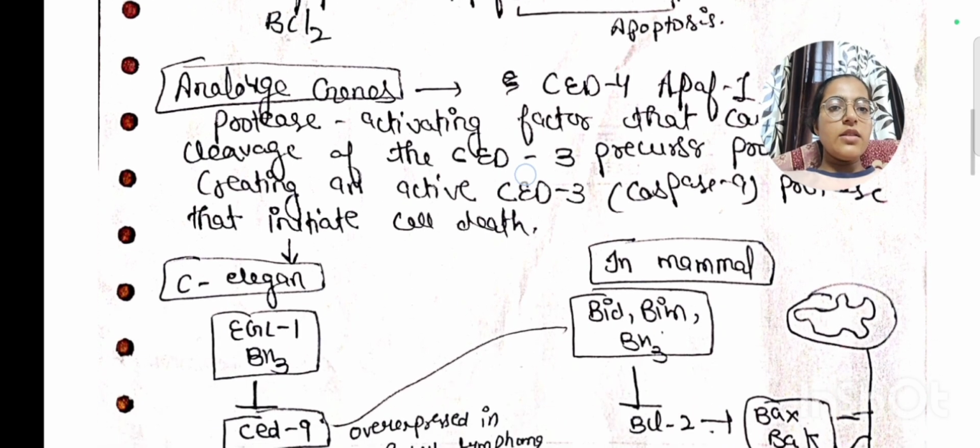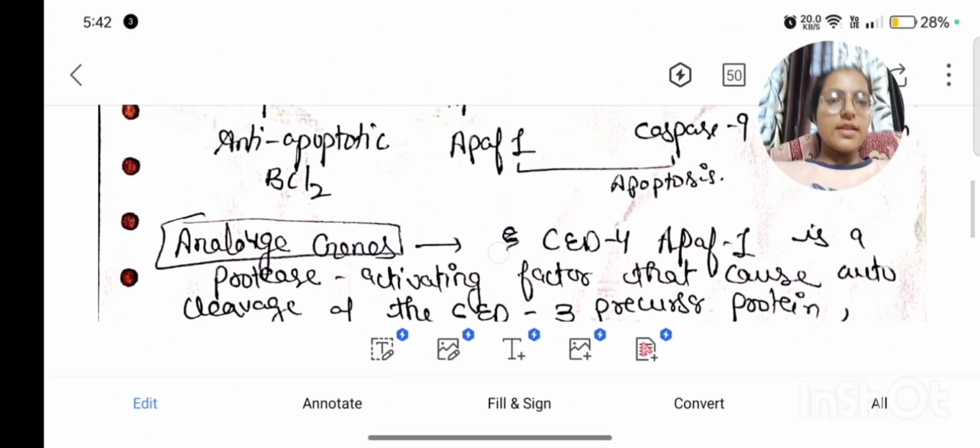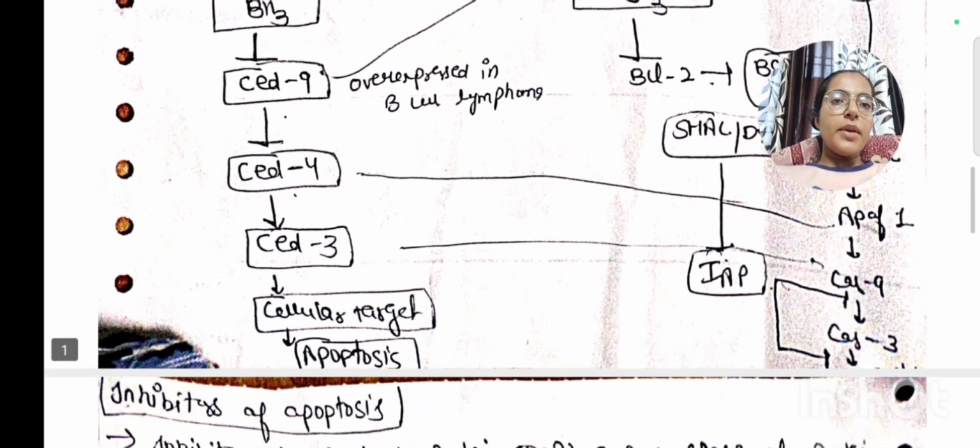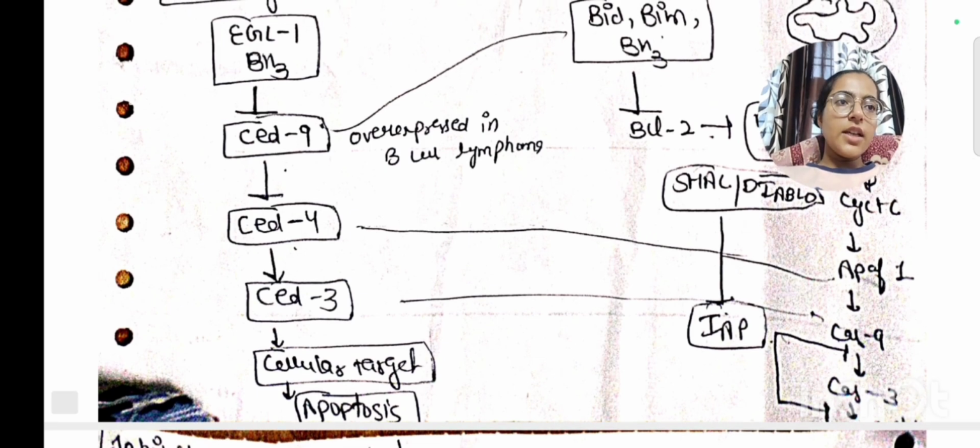In C. elegans, there is EGL1, which inhibits CED9. If CED9 is inactivated, it no longer inhibits CED4, and this results in the activation of CED4. Now CED4 gets activated and results in the proteolytic breakdown of CED3, resulting in the activation of caspase 9, which results in apoptosis.